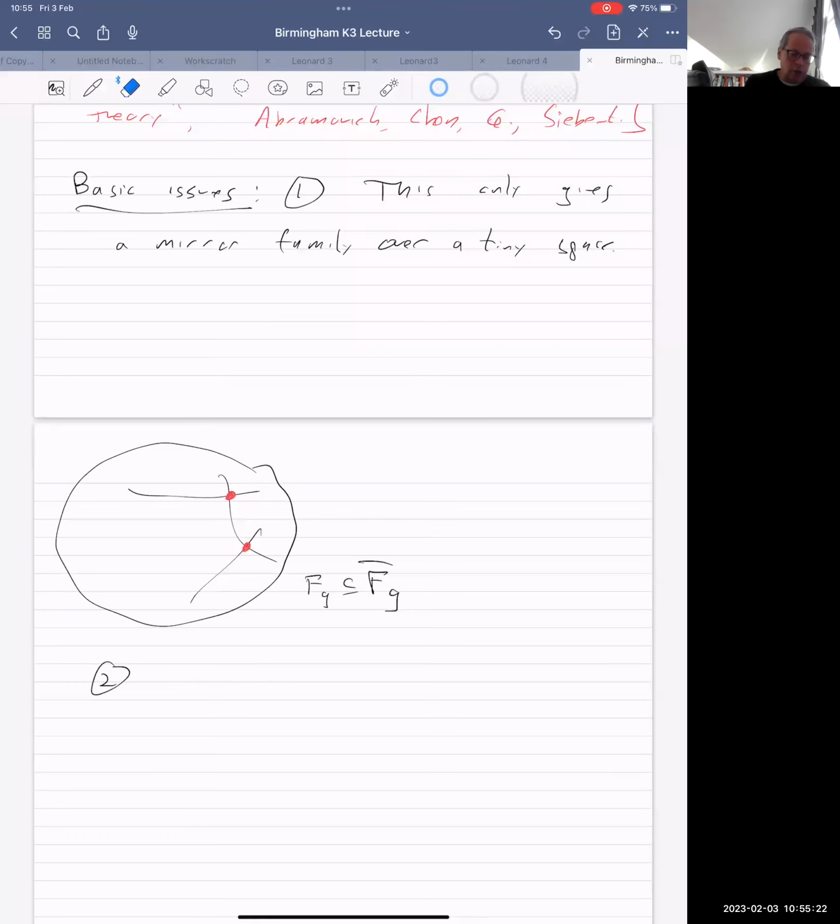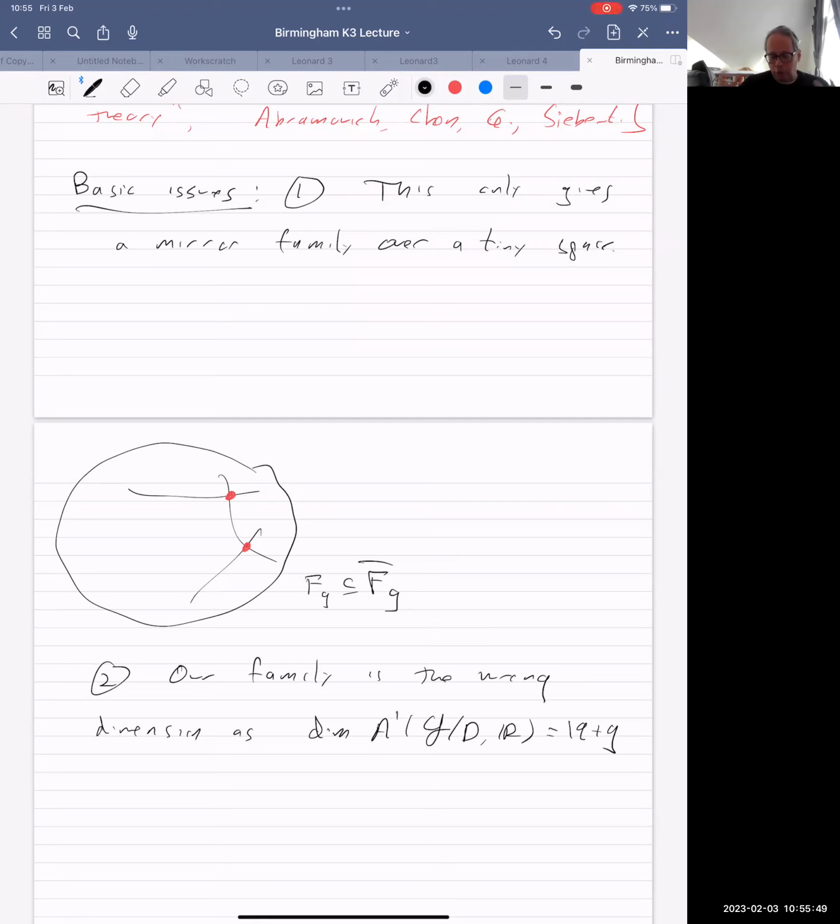So our family is the wrong dimension, as the dimension of this vector space of real divisors is actually 19 plus G. So the 19 comes from the Picard group of the general fiber of this DNV family. The general fiber was N check polarized, N check was rank 19, so you expect to see a 19 showing up. But this G comes from irreducible components of the central fiber.